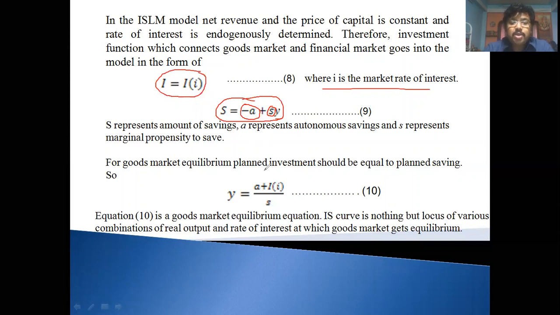So Y equal to (a + I) / s. How can I get it? By equating the values of I and s, that is this value and this value.